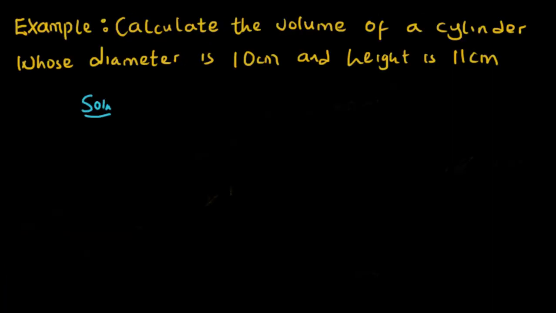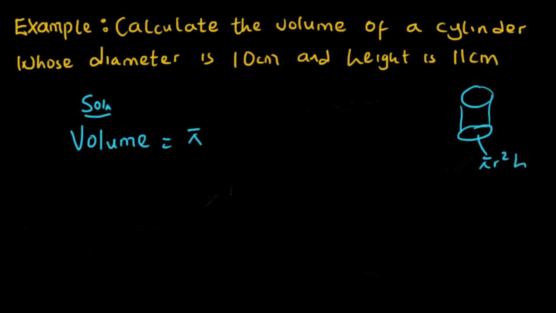So the volume of a shape is the amount of substance that shape can contain. Now remember, the first thing you want to do is to write the formula for the volume of a cylinder. And don't forget, the volume of any shape is the base area times the height, and the base area of a cylinder is pi r square. So we have volume equals pi r square h. The next thing you want to do is to outline what you were given in the question.